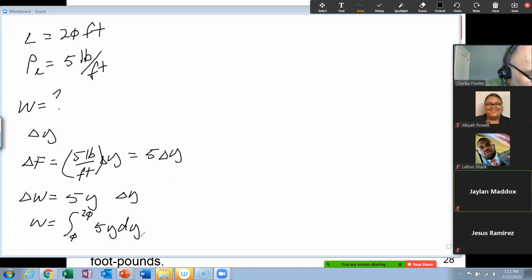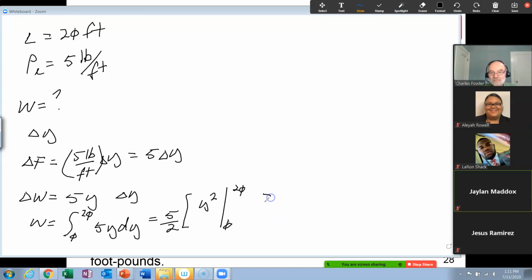Now the hard part is getting that set up. The easy part is the calculus. Let's pull the 5 on the outside. The antiderivative of y dy would be y squared over 2. Let's take the 1 over 2 outside too, y squared evaluated from 0 to 20.